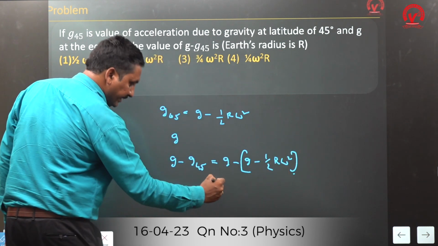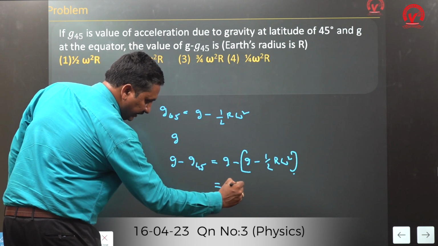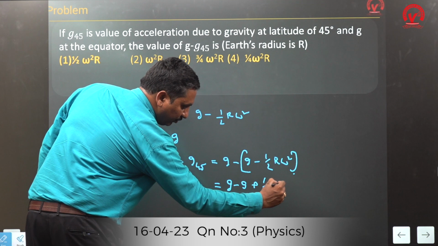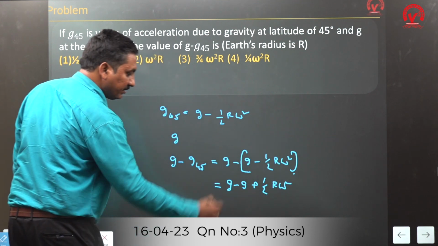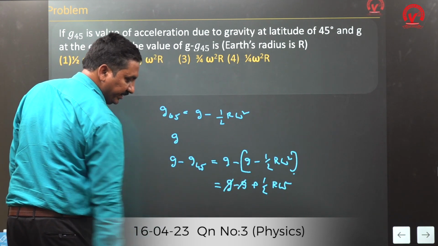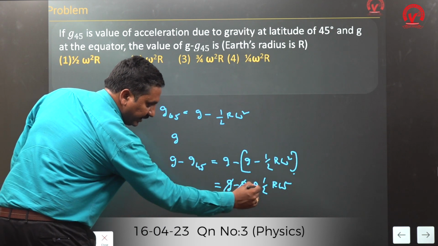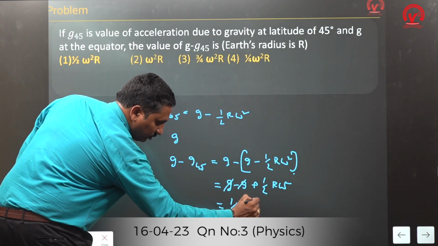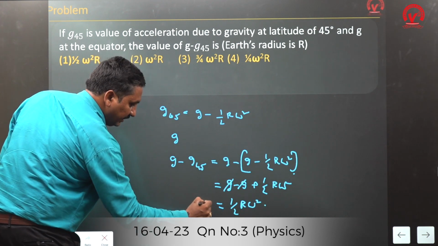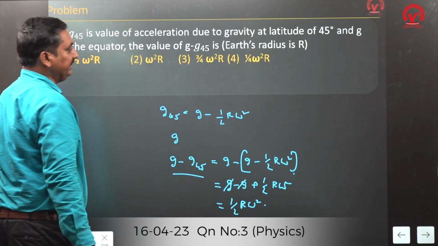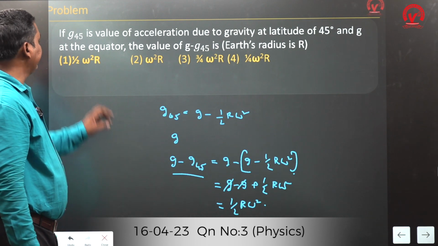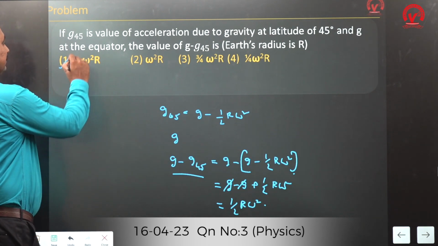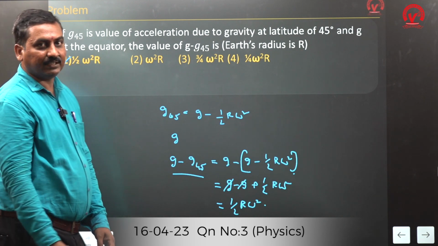So minus of minus becomes minus g plus 1 by 2 R omega square. Here plus g and minus g both get cancelled. So finally we have 1 by 2 R omega square, which is the difference g minus g45. So the first option, 1 by 2 omega square R, is correct.